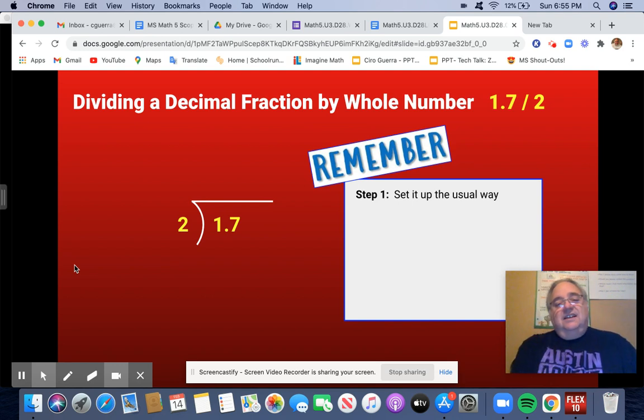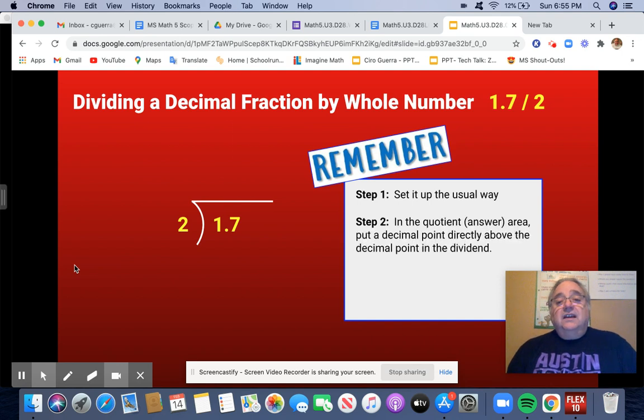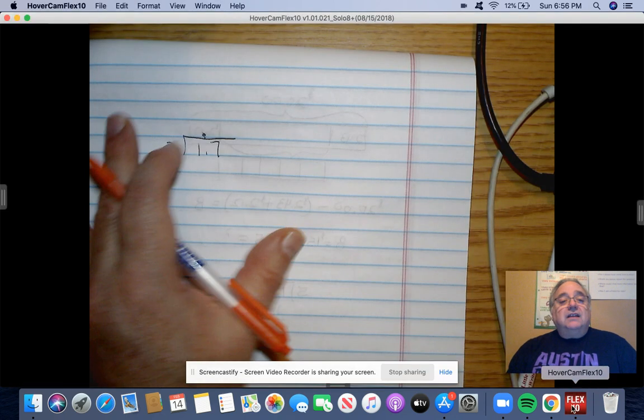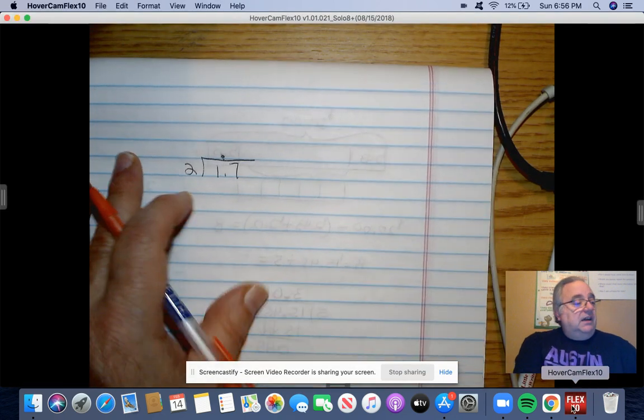Excellent, yes. We put the decimal in the quotient area directly above the decimal point in the dividend. Hey guys, I'm going to the flex cam so we can go ahead and work this out.